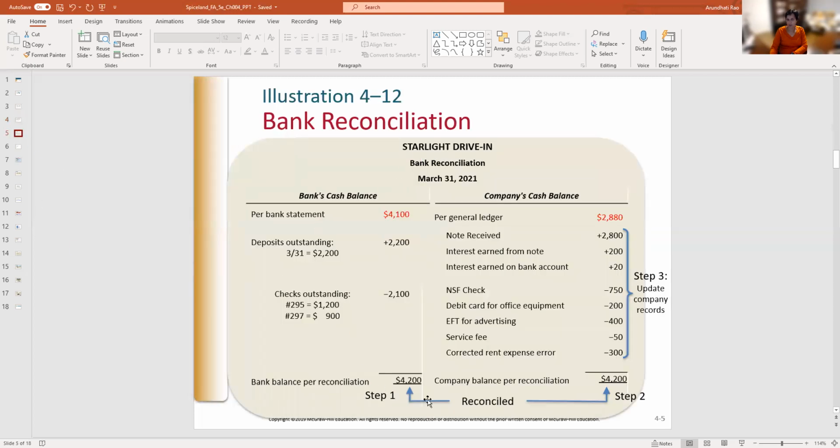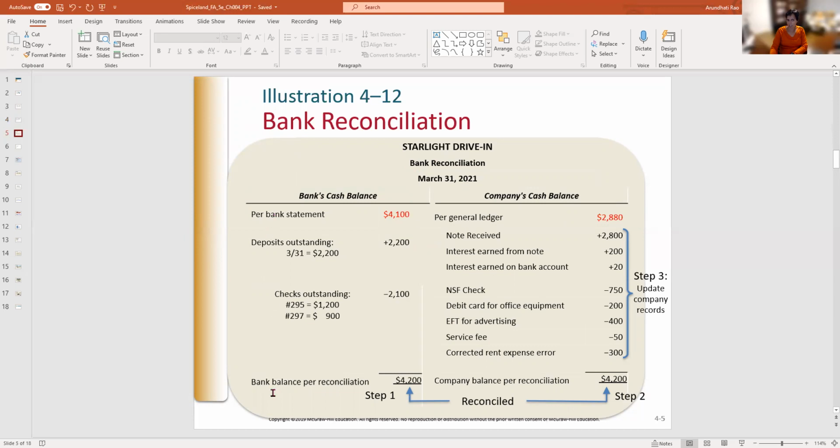So a bank reconciliation statement is an internal document. You do not share it with an outside party. However, it's a document that is always requested by the auditors, and it's always a good idea to be as formal as you can, as you would do with any other financial document. So you have the name of the company, the name of the statement. It is always at the end of the period, so the end of the month.